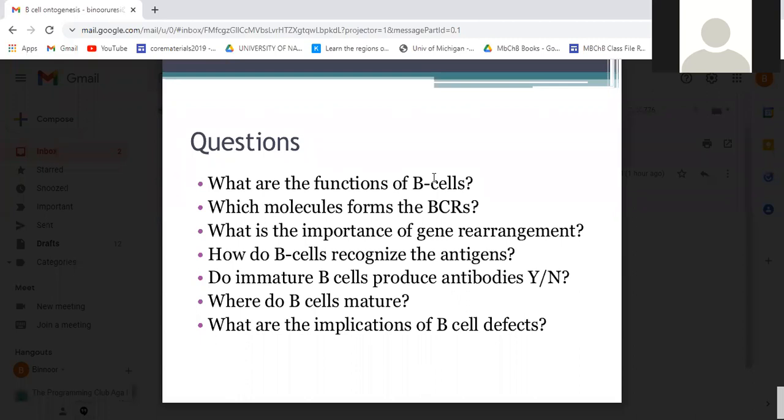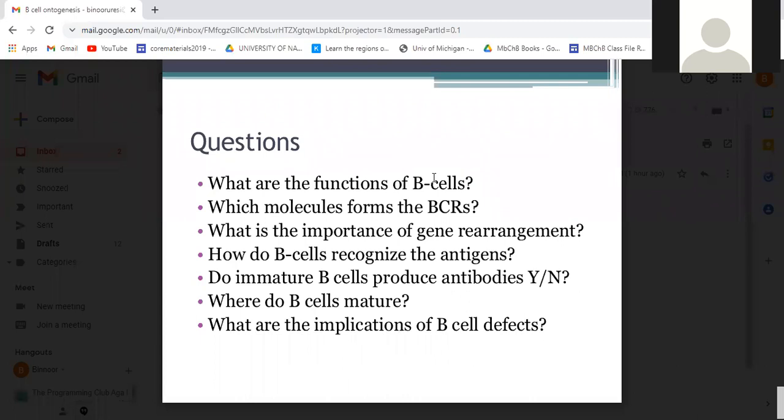Do immature B cells produce antibodies? We can say no, because you only need mature B cells for production of antibodies. Where do B cells mature? We have B type 1 and the B type 2. You should be able to explain that process.